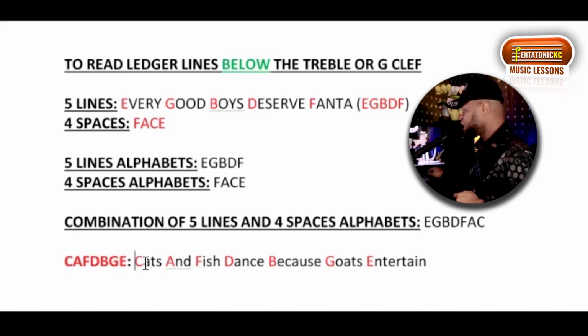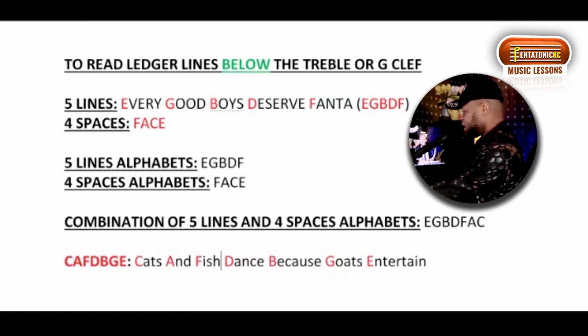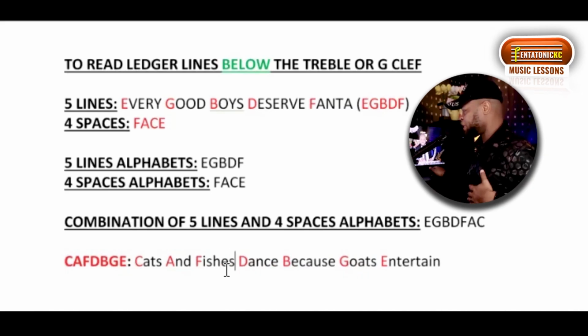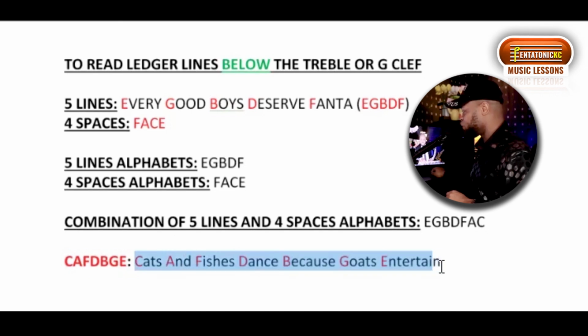So here we have cats and fish dance because goats entertain. Maybe it should be cats and fishes entertain. All right, so let's update that. We're not doing English language here, right? So cats and fishes dance because goats entertain. This is what we need to remember.